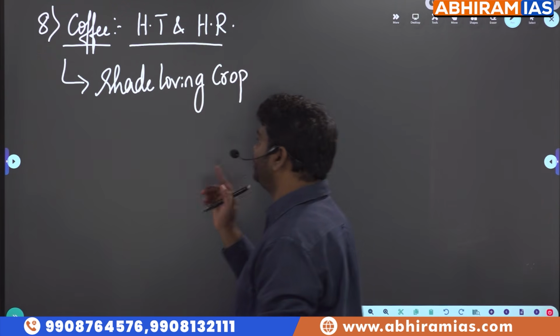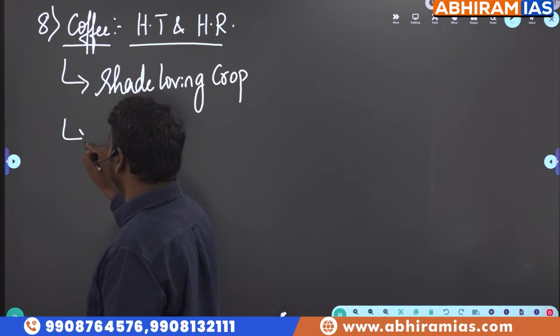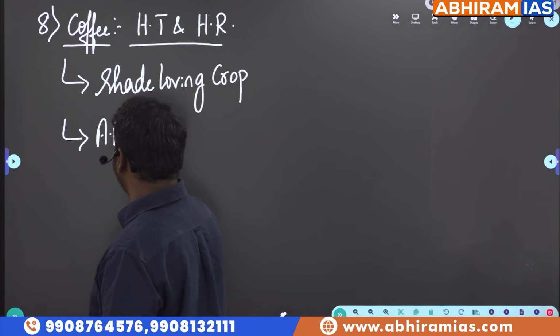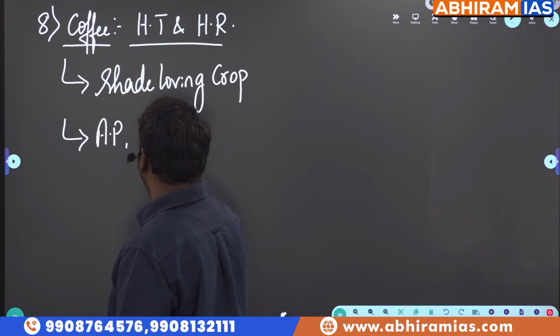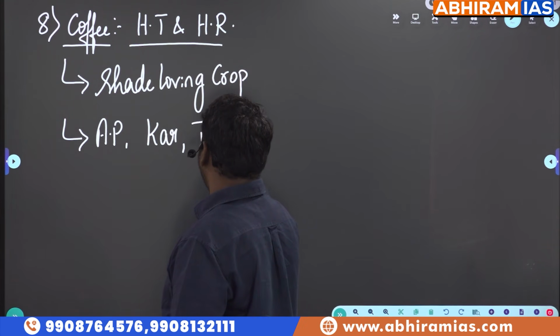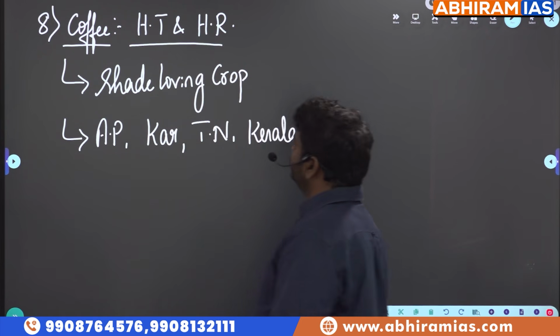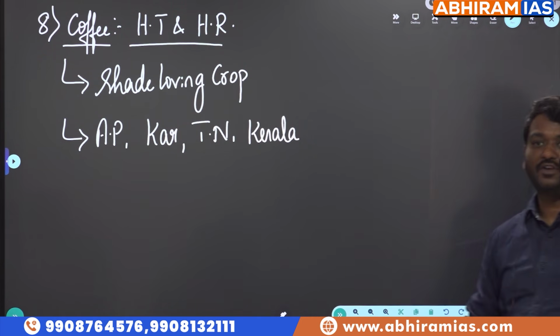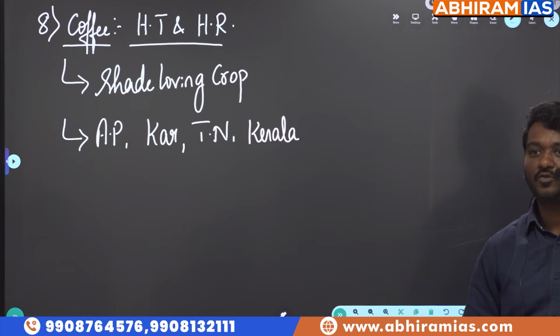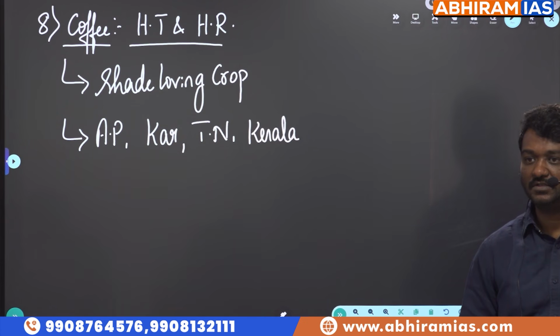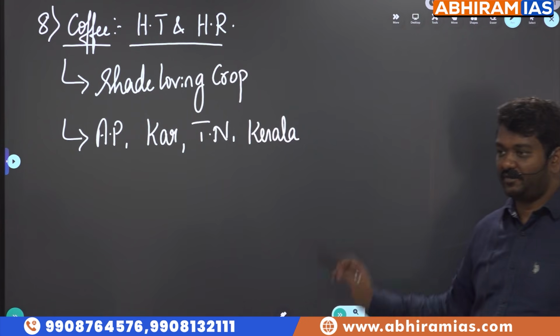High temperature, but shade is important. In South India, Andhra Pradesh, Karnataka, Tamil Nadu, Kerala, all 4 states have coffee growing areas. Araku Valley, Kumbakonam region, Coorg region, right? They all have what? Coffee.